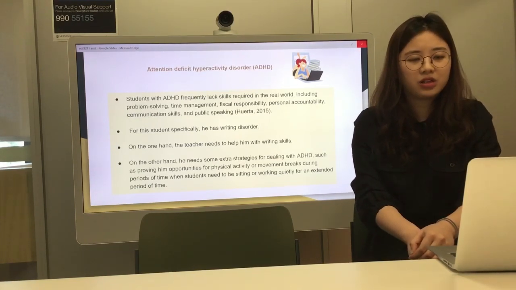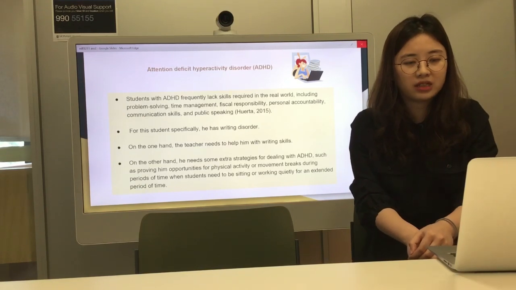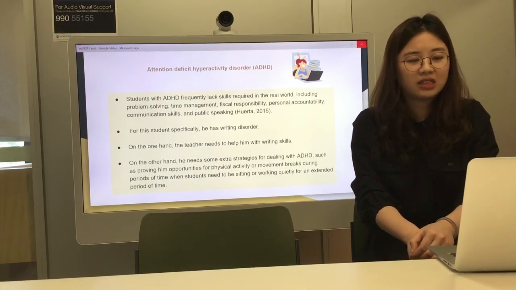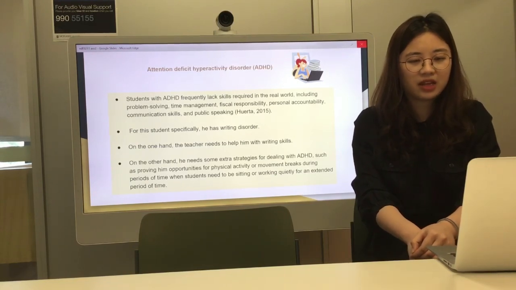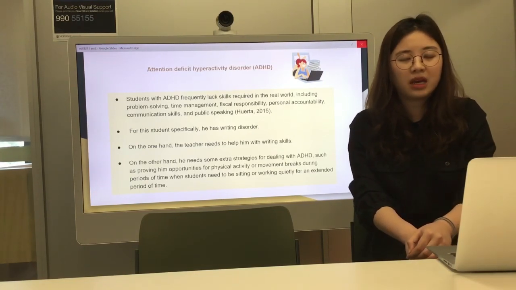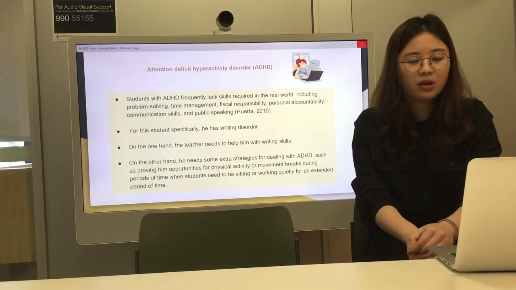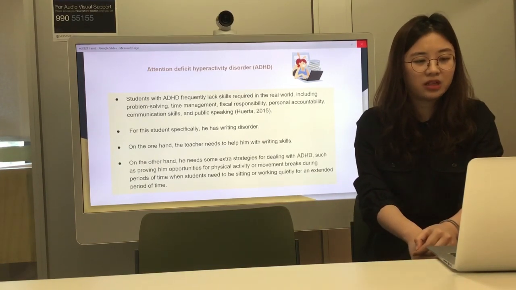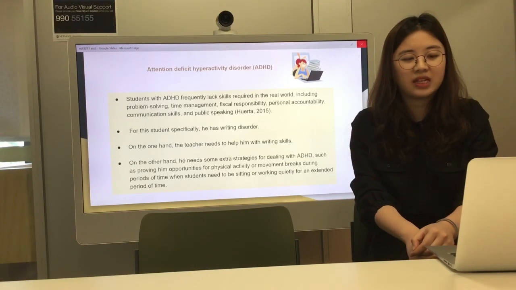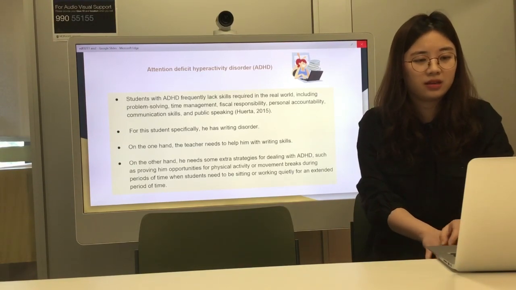On the one hand, the teacher needs to help him with writing skills. On the other hand, he needs extra strategies for dealing with ADHD, such as opportunities for physical activity or movement breaks during periods when students need to sit or work quietly.